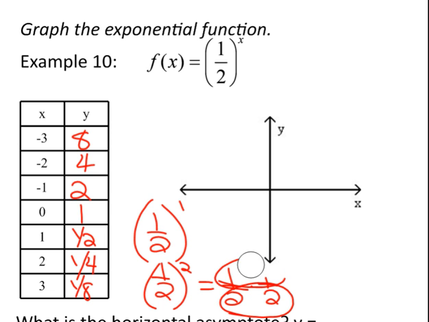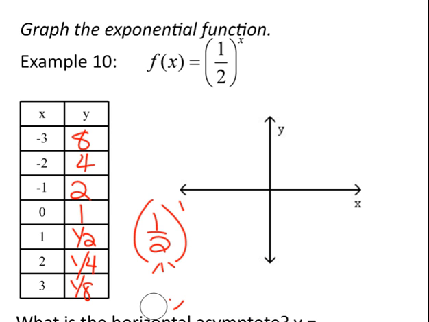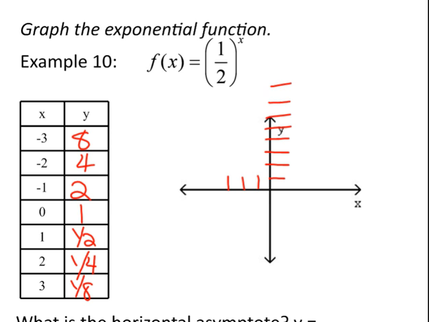So these numbers should look familiar to you. We actually plotted these points, or at least similar points, before. So if I have -3, then 1, 2, 3, 4, 5, 6, 7, 8. Remember, last time we did +3, 8.